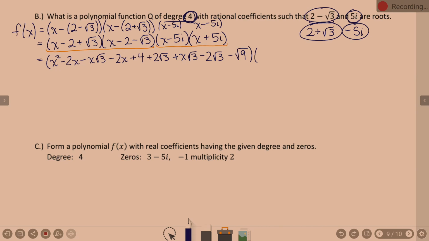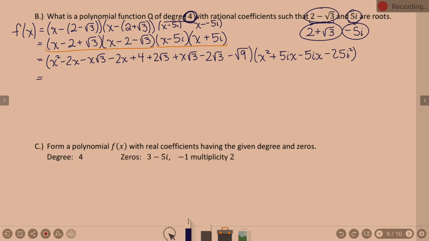So, x times x, x squared, x times 5i plus 5ix minus 5i times x minus 5ix minus 5i times plus 5i minus 25, minus 25i squared. Okay, clean up.